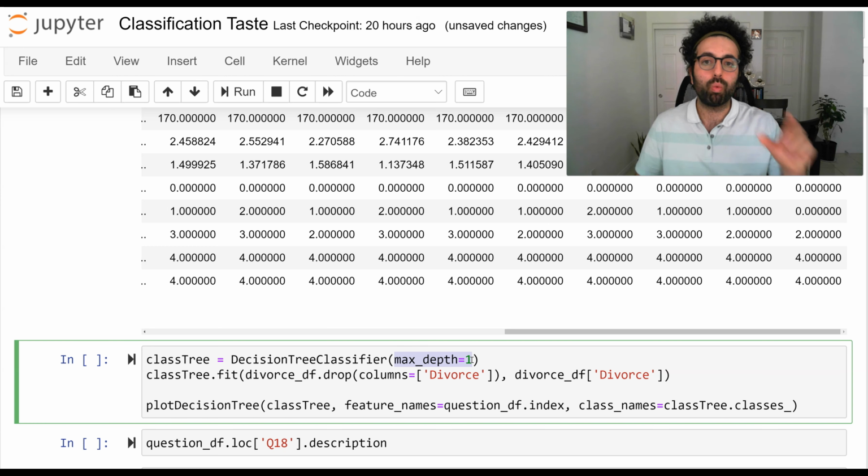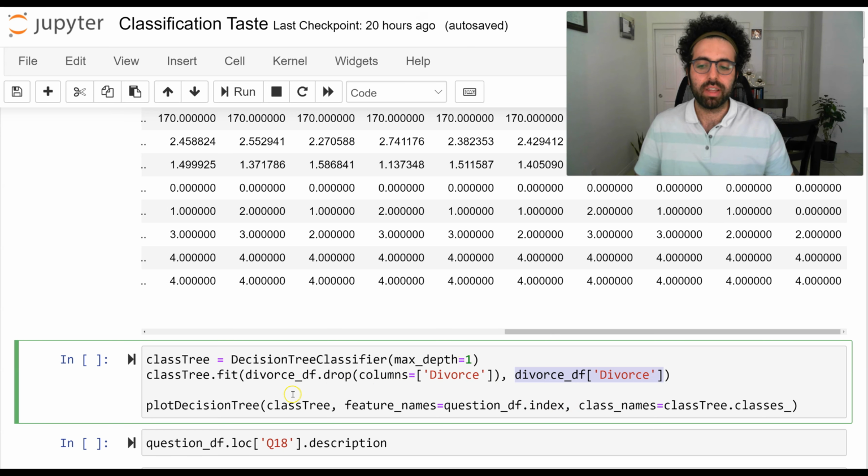It means that I just want to branch out the tree once. Later in the video you will see what that means better. And then my first part of the data is going to be my whole divorce DF except for the last column. So I drop that column and input that part of the data frame. And my target or dependent variable is going to be divorce, that one column.